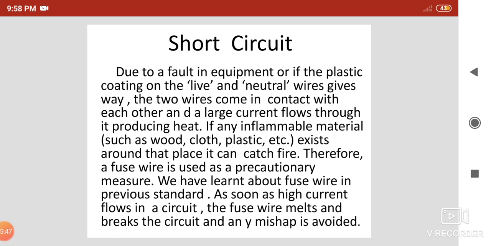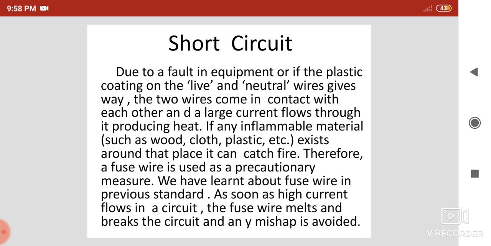Due to a fault in the equipment, or if the plastic coating on the live and neutral wire gives way, both these wires, the live wire and the neutral wire, come in contact with each other, and a large current flows through the wire, and it produces heat.